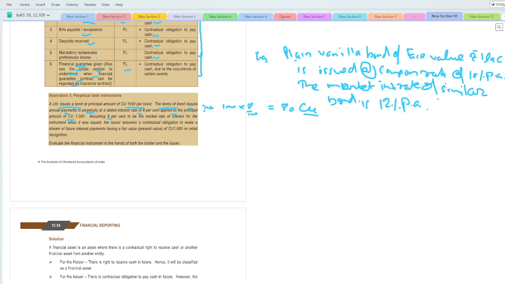Find out the issue price. And the life of the bond is say 3 years.